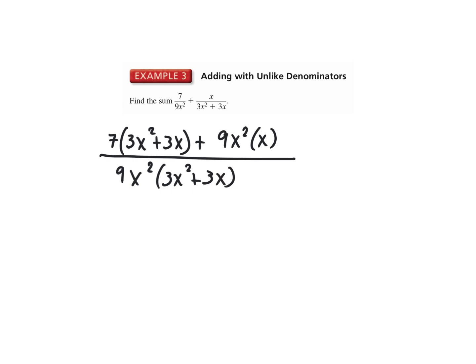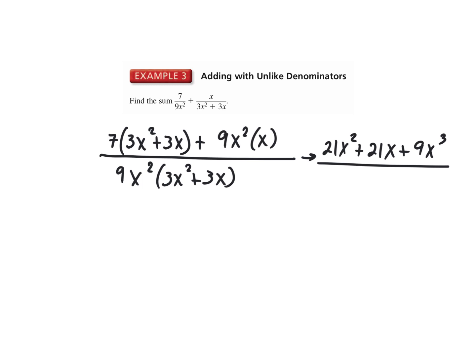Now, here's when the simplifying comes in, because technically this is set up already to be able to add it. But I need to go ahead and multiply things in order to figure out what's going on. So that's going to become 7 times 3 is 21x squared, and then plus 21x plus 9x cubed.